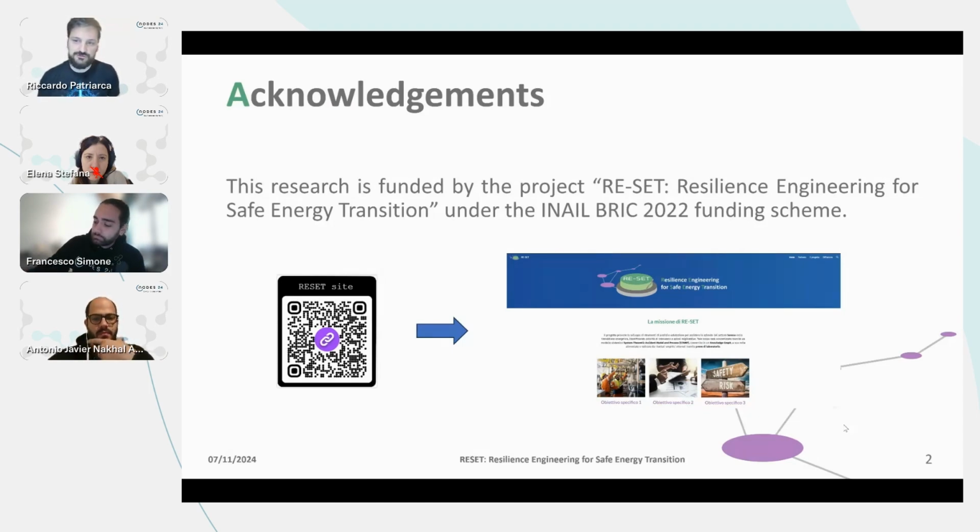In particular, the project is called RESET, and is about engineering resilience for a safe energy transition in different types of industrial plants. The funding body is INAIL, and that's the national insurance company in Italy for accident at work, basically. You see the QR code and a link to the website.